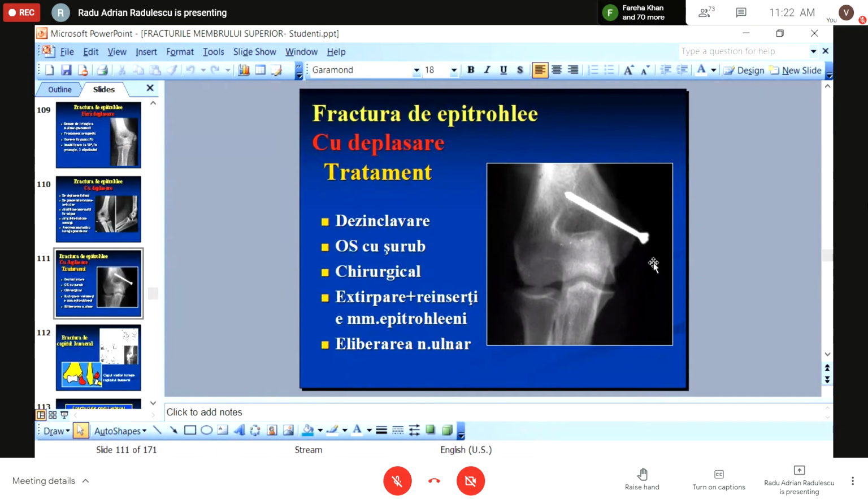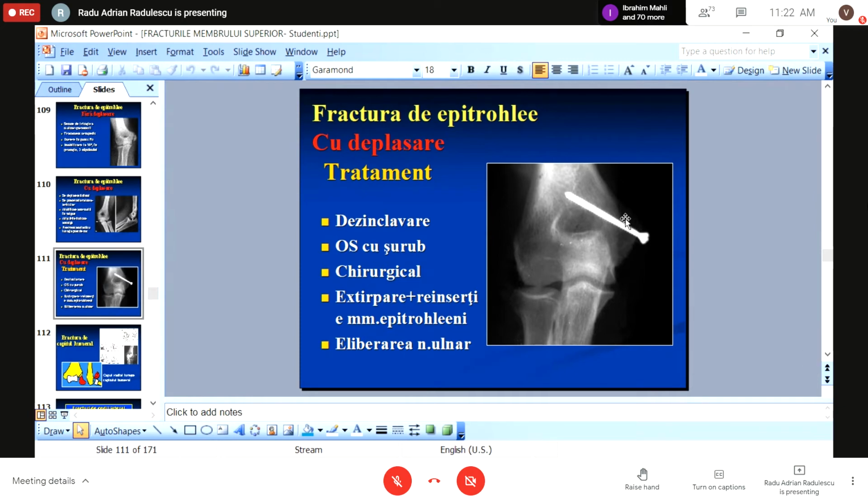If the fragment is small, so that it will not allow a screw, then we can remove the fragment and reattach the conjoint tendon to the bone by using non-absorbable sutures.